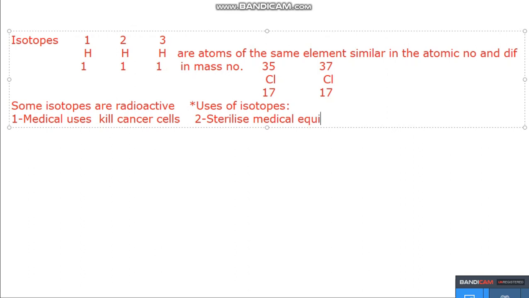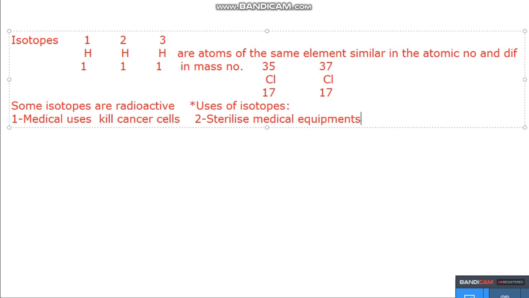We use it to kill bacteria, viruses, and so on. Sterilize here means to make it pure, make it clean.